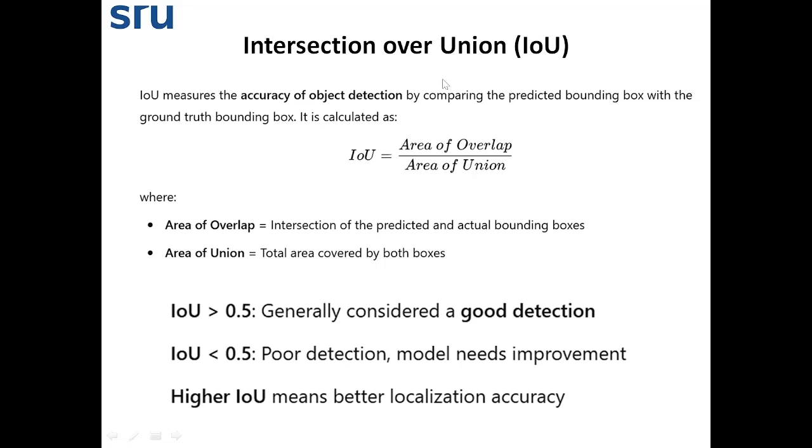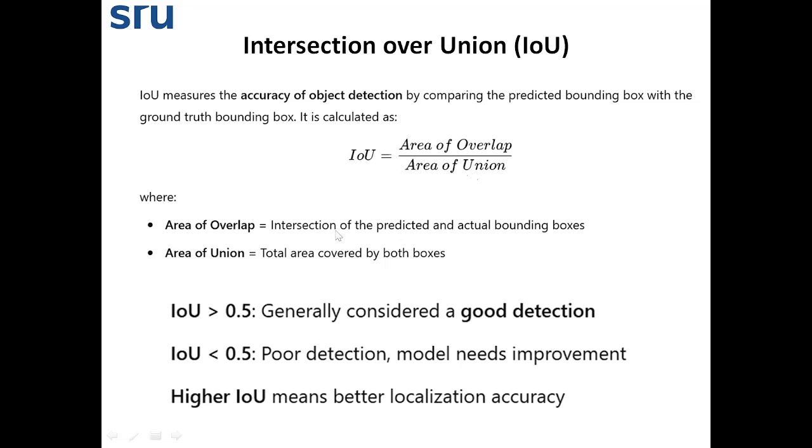Intersection over union, or IOU. It measures the accuracy of object detection by comparing the predicted bounding box with the ground truth box. How can we calculate IOU? It is the ratio of the area of overlap to the area of union.